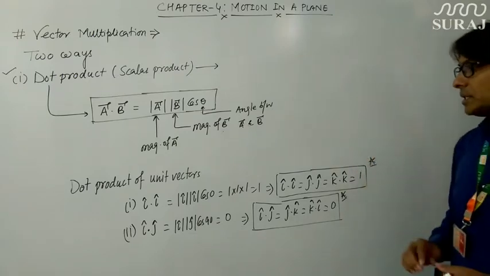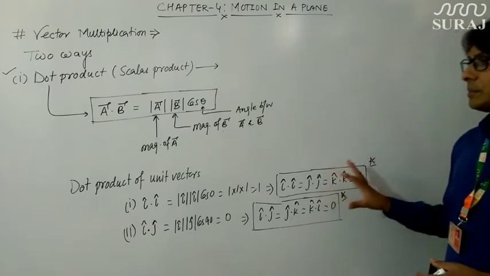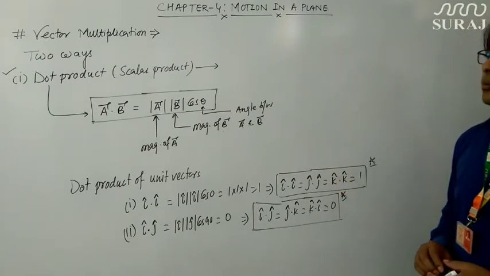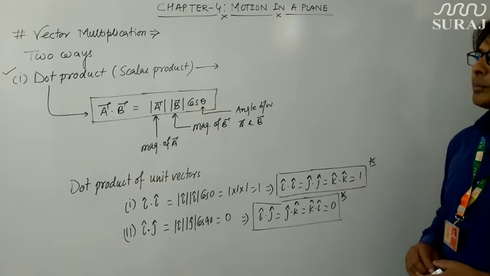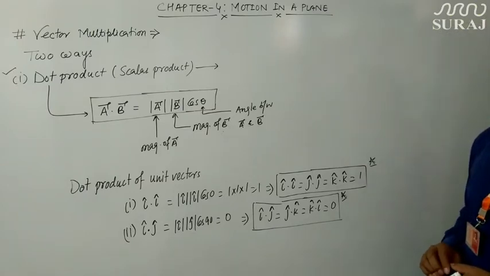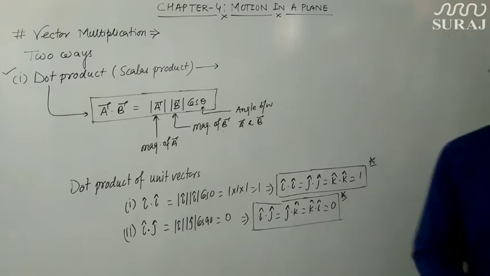So using this concept, we can easily solve the numerical problems asked on the topic dot product or scalar product. So let us have some numerical problems on this topic.